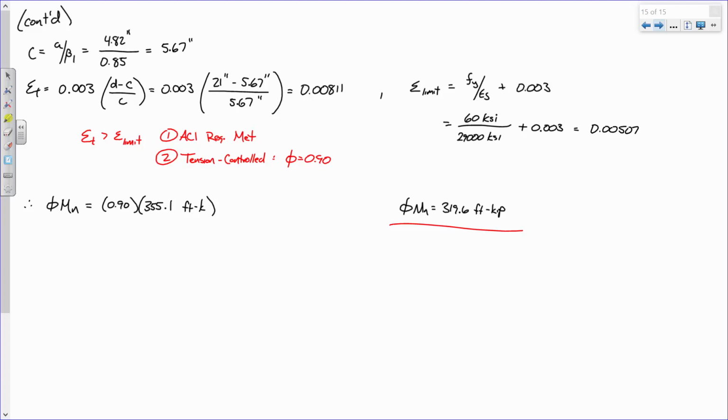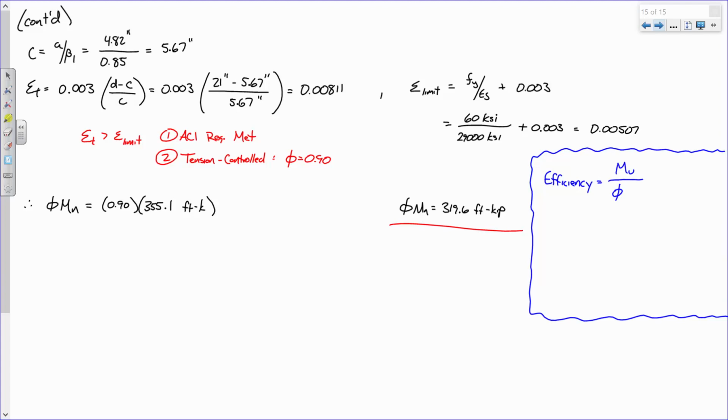So, if you're not in steel design, one of the measures that we use to determine the efficiency of our design is the load over the capacity. So 291.6 foot-kips over 319.6 foot-kips.